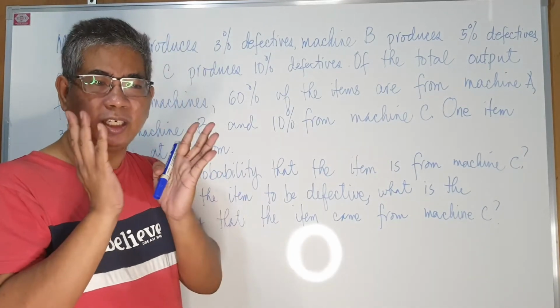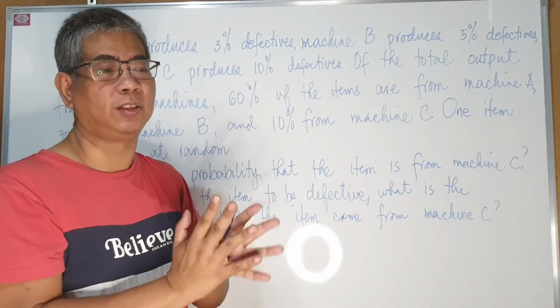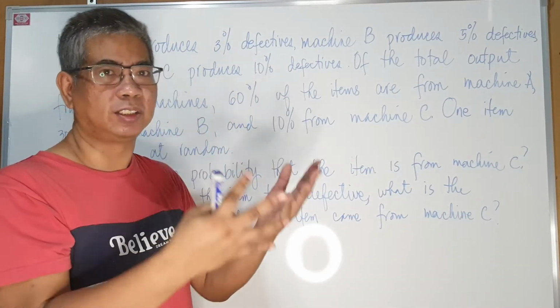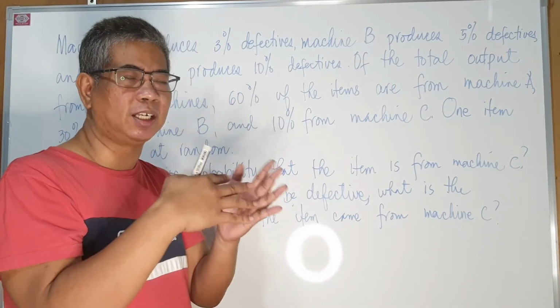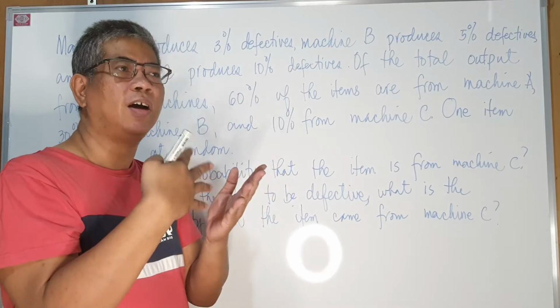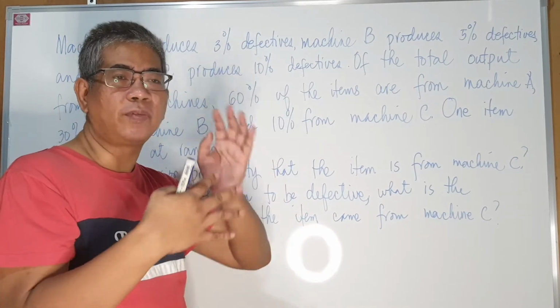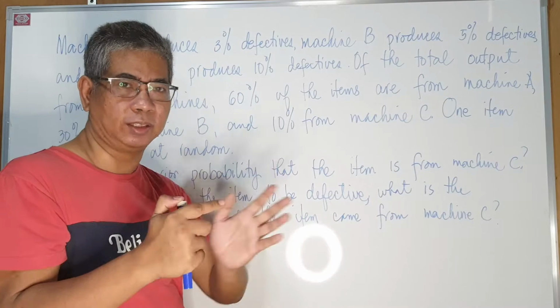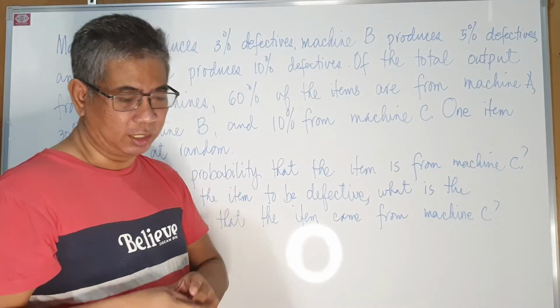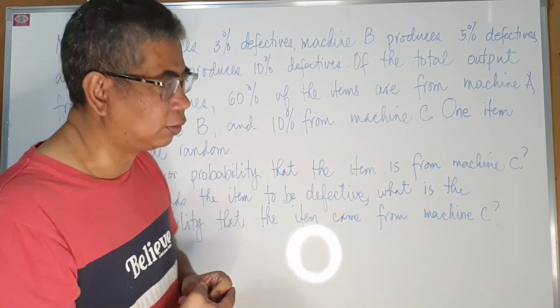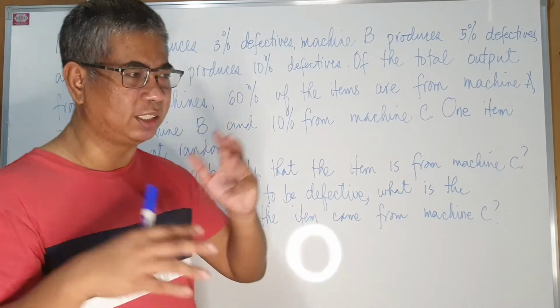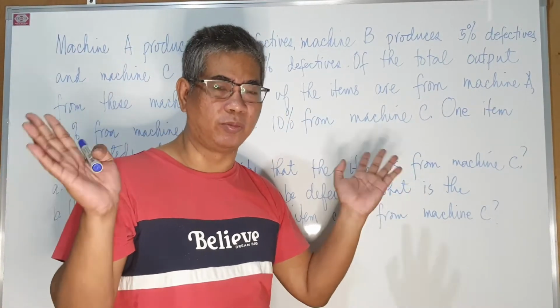So meron kang initial information, meron kang estimate of occurrence of an initial event. Initial probability, initial estimate of occurrence of an event. Ang tawag natin yan ay state of nature, di ba? So dito talagang we make decisions na walang kasiguraduhan kung tama ba o mali yan.